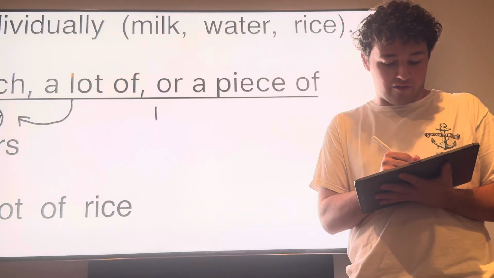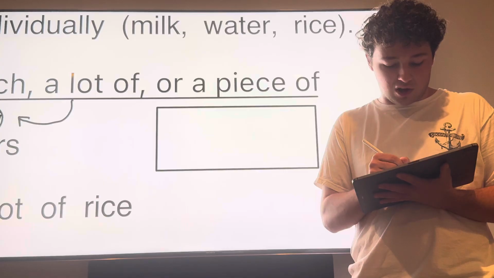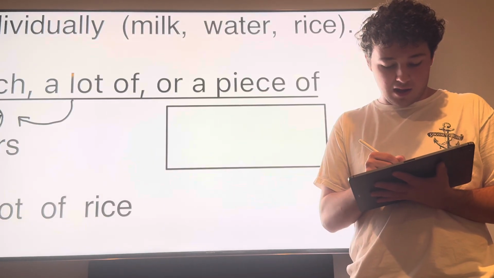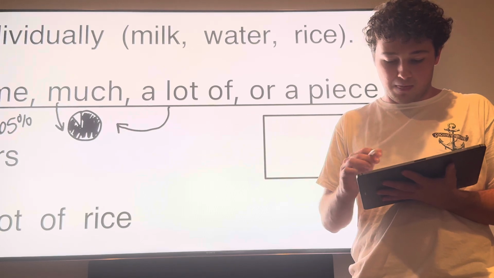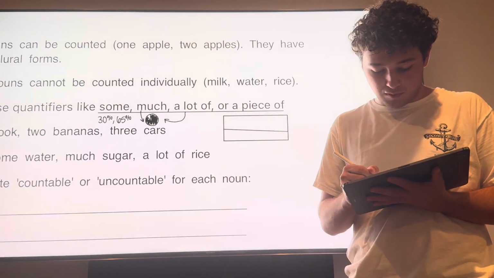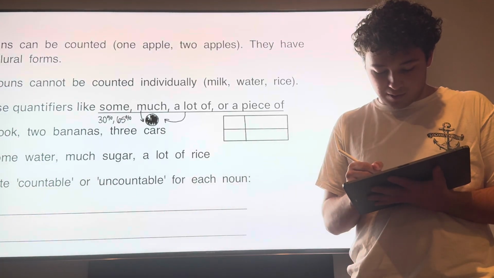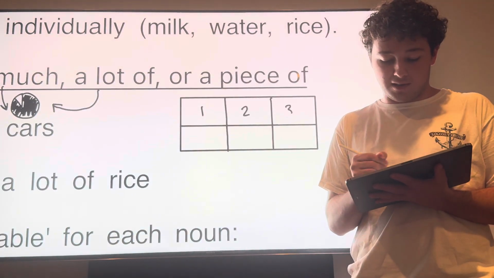So if you think of a chocolate bar, and you cut it into, we'll say, 6 pieces.